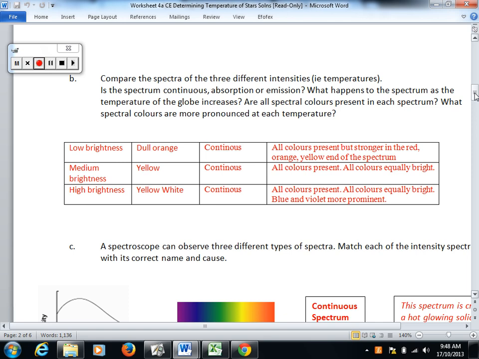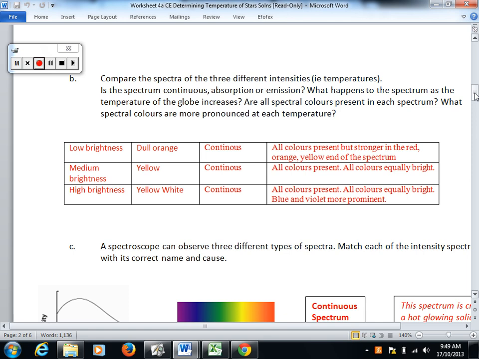You would just see an entire spectrum and you wouldn't have been able to work out which parts of that spectrum were brighter. But in reality, the centre of the spectrum is much brighter. That's the ones in the green and the yellow. And the high brightness, once again, you should have seen that the blue and the violet became a little bit more pronounced this time. Though once again, your eye is not a very good measure of all this.